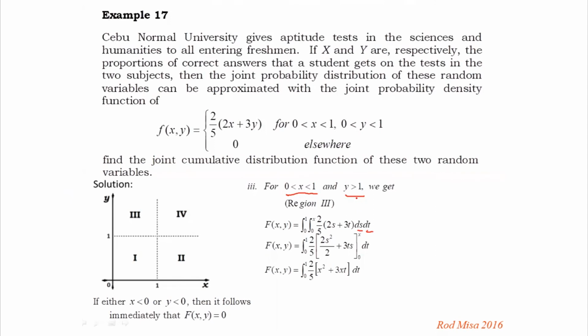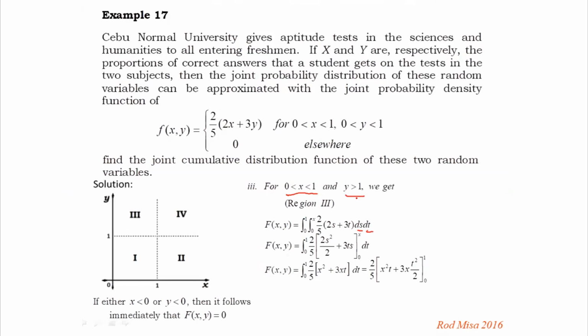And integrating this expression with respect to t, we have x squared t as the integral of x squared, since x there is treated like constant, because our variable of integration is t here. And 3x times t squared over 2 is the integral of 3xt.